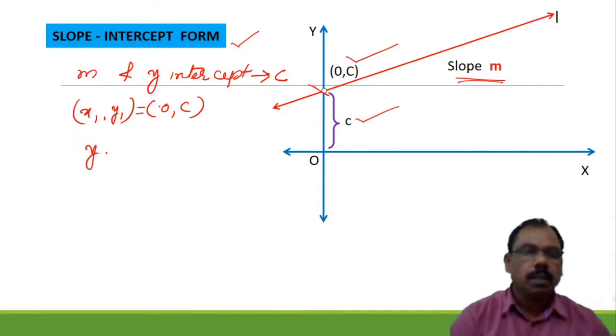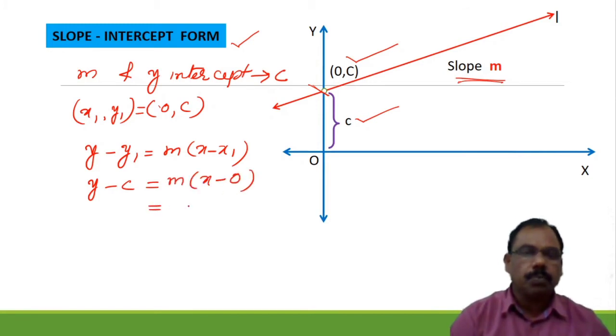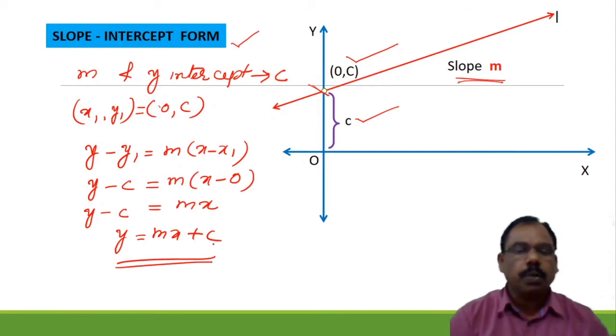We know that y minus y1 is equal to m into (x minus x1), or y minus, in this case y1, that is c, equals m into (x minus 0). On simplifying the RHS, we get mx, the LHS is y minus c, or we write y is equal to mx plus c, which is known as the slope-intercept form of the equation of a straight line.